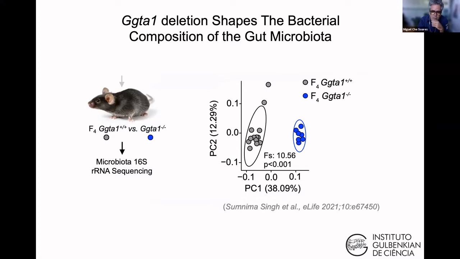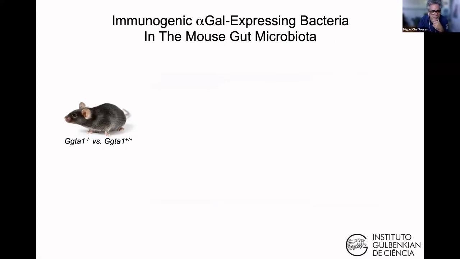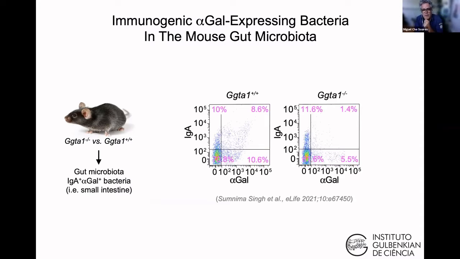it's suggestive of that. Now, what we did afterwards is to ask what would be the impact of this microbiota on the immune response. So if in the absence of alpha-gal, the GGTA1 knockout mice are shaping their microbiota, we hypothesized that this might occur via the production of IgA antibodies that can actually transmigrate across the epithelium barrier.